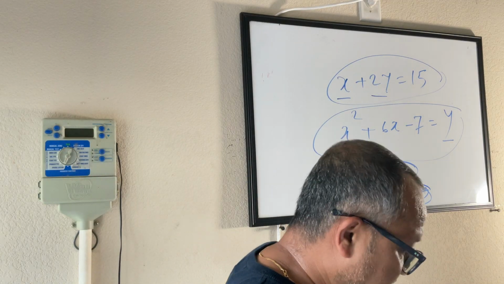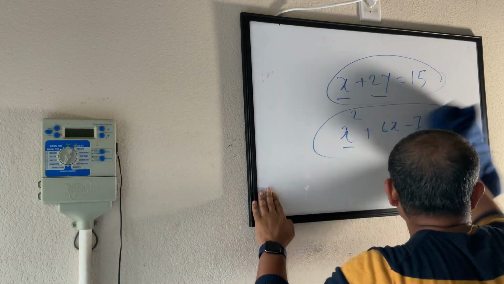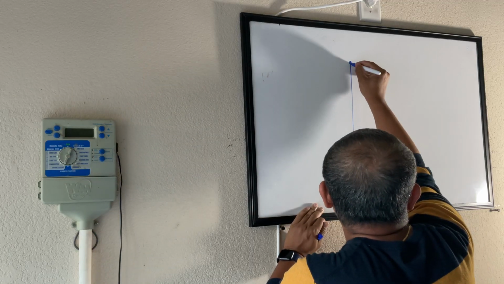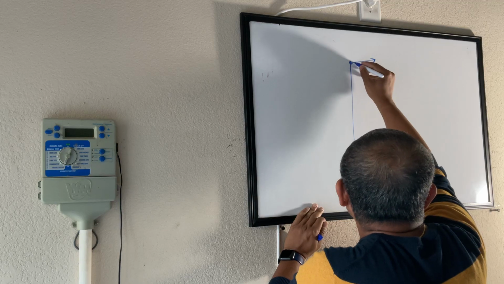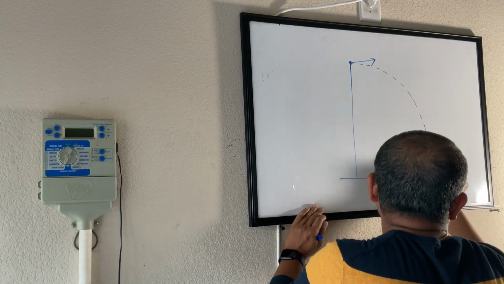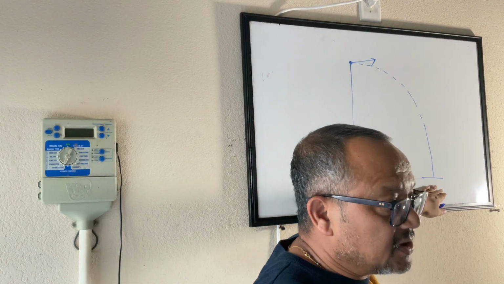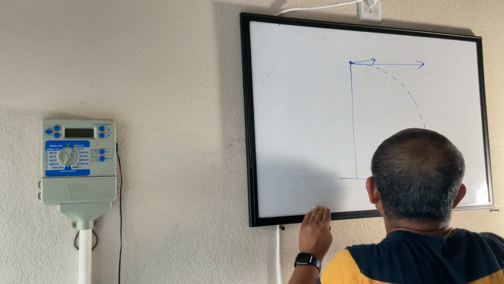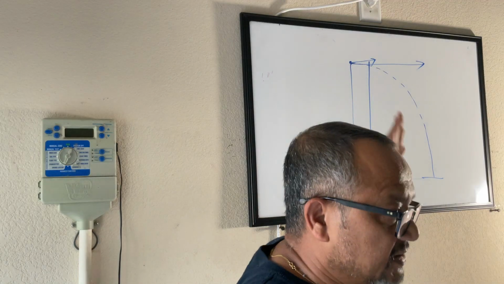Yeah? And if you guys recall, we talked about a situation where we looked at a horizontal and vertical motion, where somebody is standing on the roof of a building and throwing a stone in the horizontal direction at a certain speed, and apparently under the influence of gravity the stone falls down or hits the ground. So we saw there is a horizontal movement happening in this direction and a vertical movement happening in that direction, and we looked at the equation that was determining this.